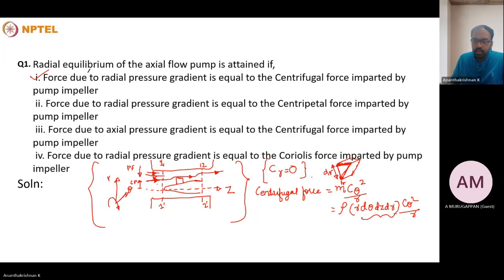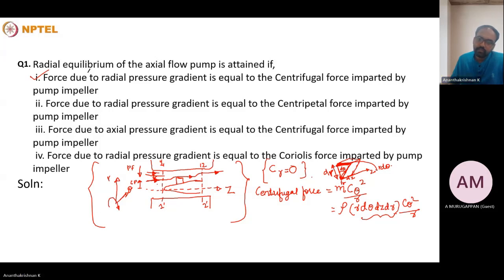The width dimension in the radial direction is represented by dr, and the tangential component is represented by r d theta. This angle is d theta, so we can write this length as r d theta, and along the axis, the z direction, we can write dz.